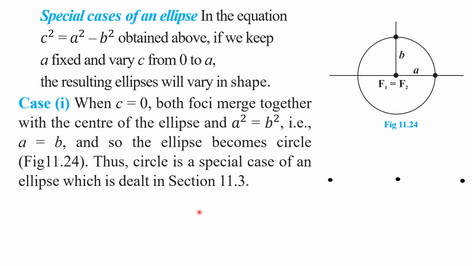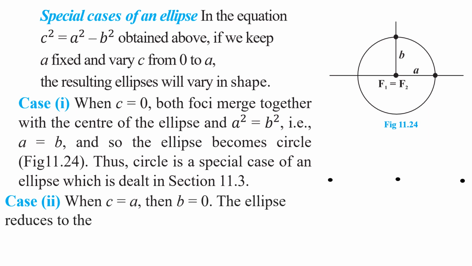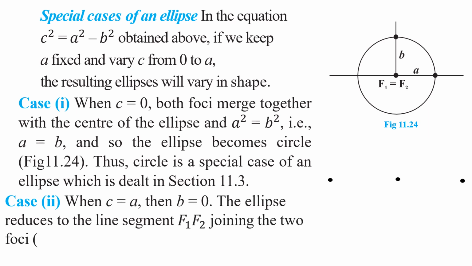This is a special case of an ellipse. Now come to case 2. When c is equal to a, then b is equal to 0. The ellipse reduces to the line segment F1F2 joining the two foci. So this is the second case.